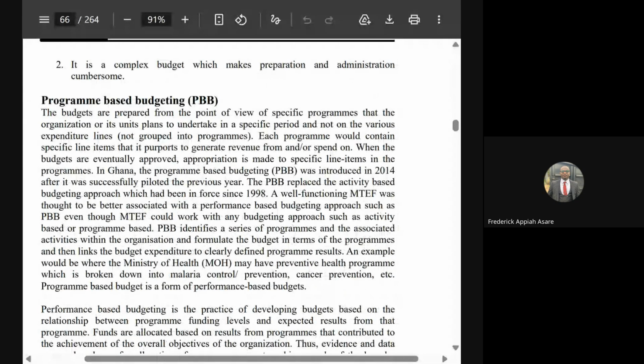Now let's look at the program-based budget. That one is also prepared like the activity-based, but this one is based on the programs that we are doing. So the budgets are prepared from the point of view of specific programs that the organization or its units plan to undertake in a specific period, and not on the various expenditure lines.